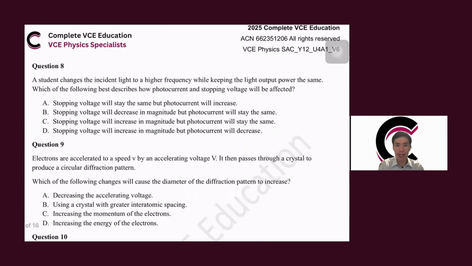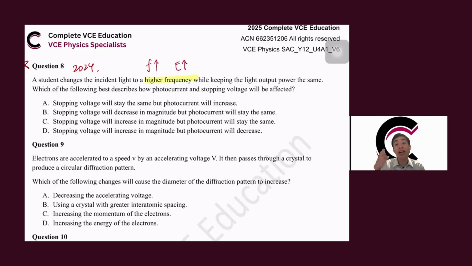Moving on to question 8, using the same scenario, we're going to continue. This, I would say, is a very hard question, and please put a star next to it, because it's very similar to a question in the 2024 VCAA exam. A lot of students are very good at identifying those keywords. Higher frequency means higher energy, right?